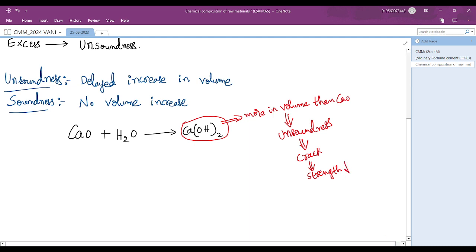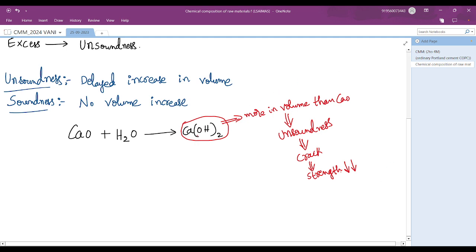So finally, excess of lime causes decrease in strength, but the lime itself is inducing strength in the cement. If that required constituent for the strength is present in more amount, then it will reduce that very same property it is inducing. Okay, all of you clear? Please respond.